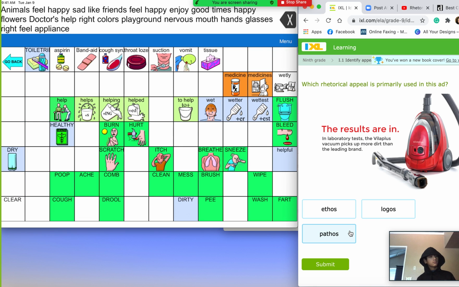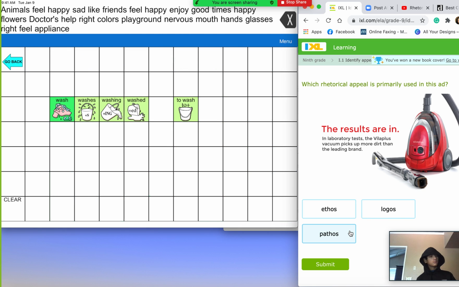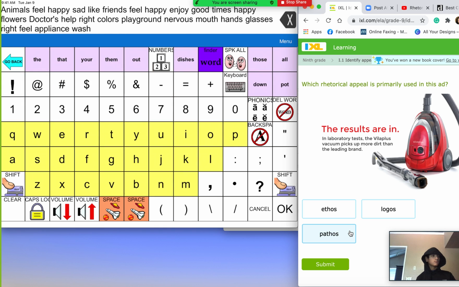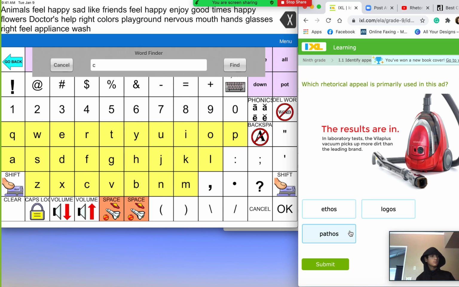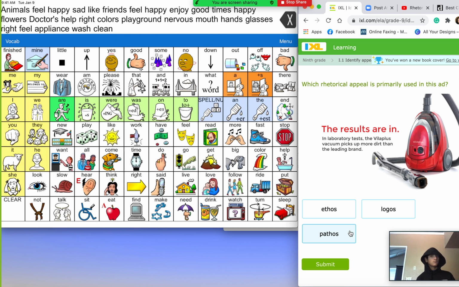Let's see where that might be. Yeah, we're going to wash with that, true. I can't remember where clean is, so let's go find it. Clean. That's a blend, yep. Perfect. Okay, oh, it is there. I just didn't see it. Wash is a lot like it, you're right.